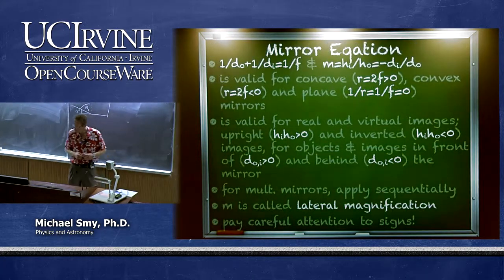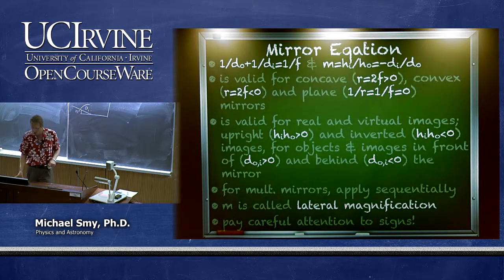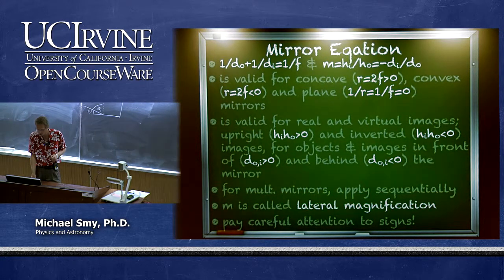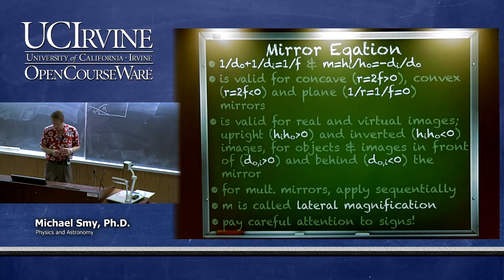Those two equations help you understand all kinds of mirror images. It is valid for concave mirrors. In that case, the convention is that radius and focal length are considered to be bigger than 0. Convex mirrors, in this case, they are smaller than 0.